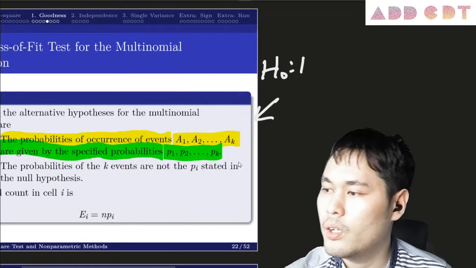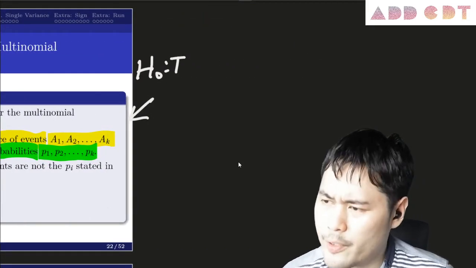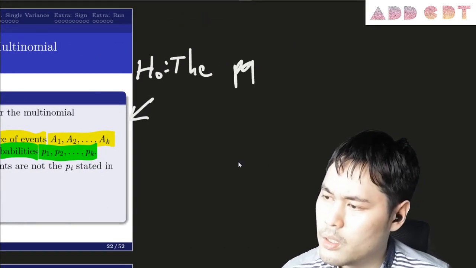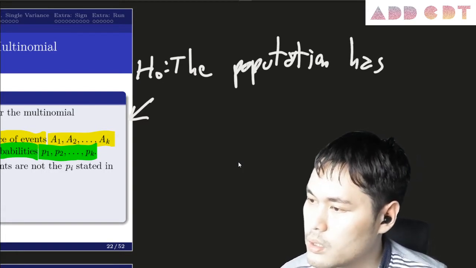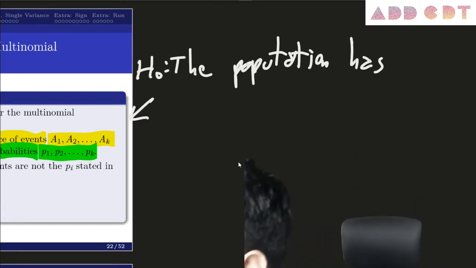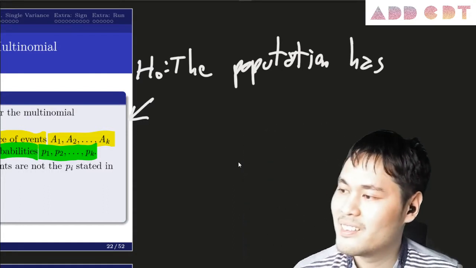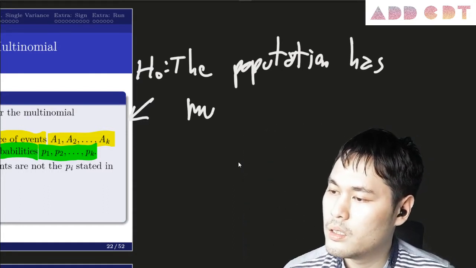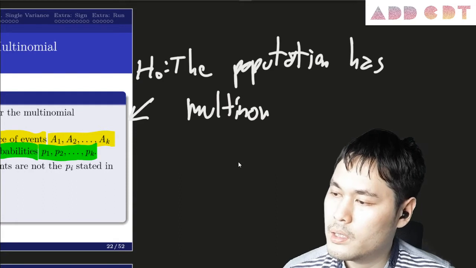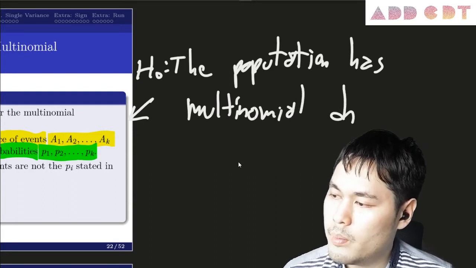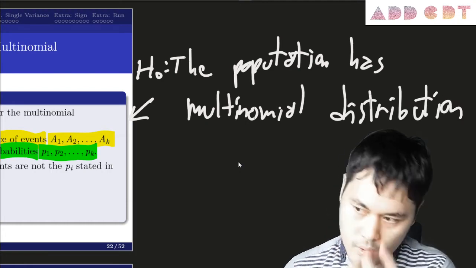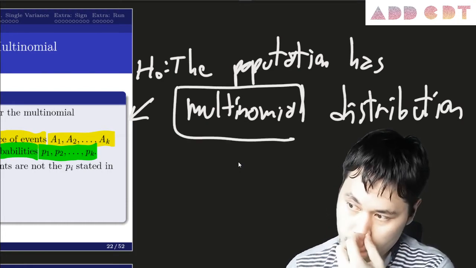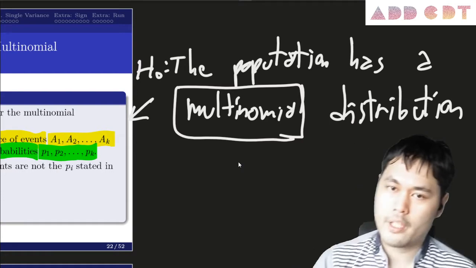To rephrase, it means we are saying that the population has a multinomial distribution. So this is what we are saying.